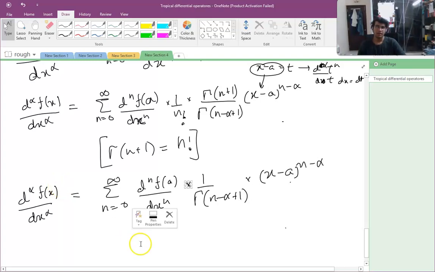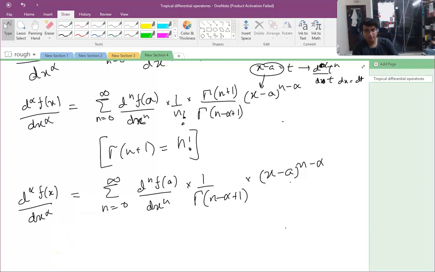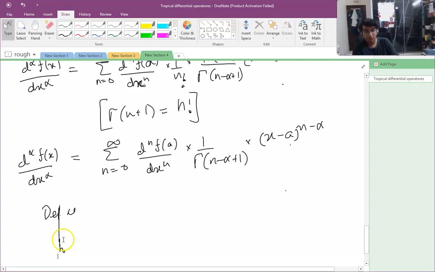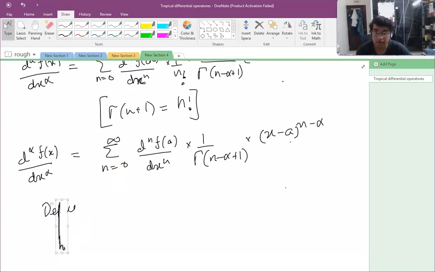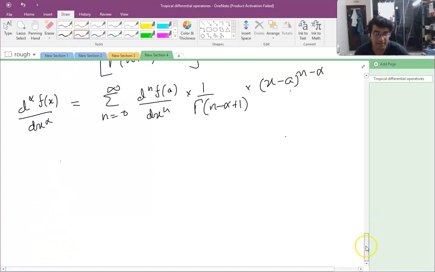Alright, now what is tropicalization? What is the tropical part? Let's write in green, because now the tropical part is coming.